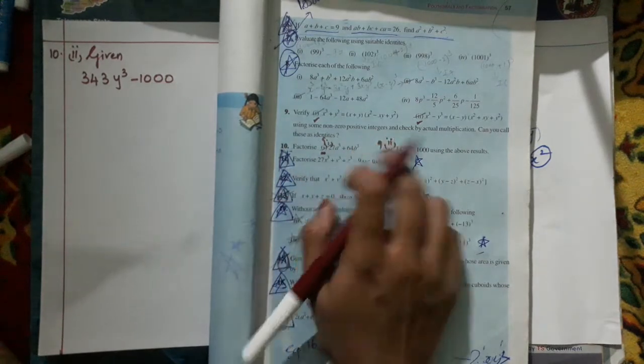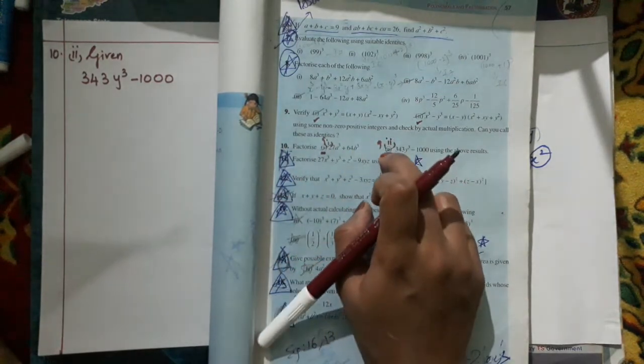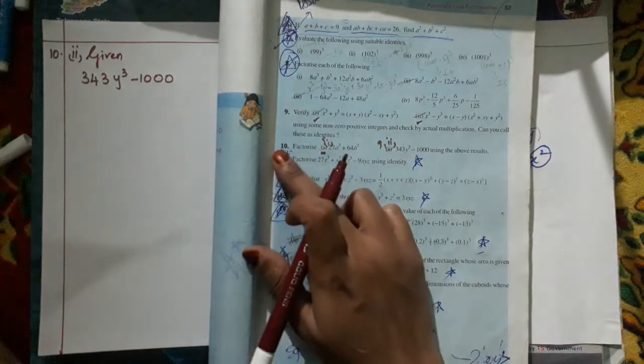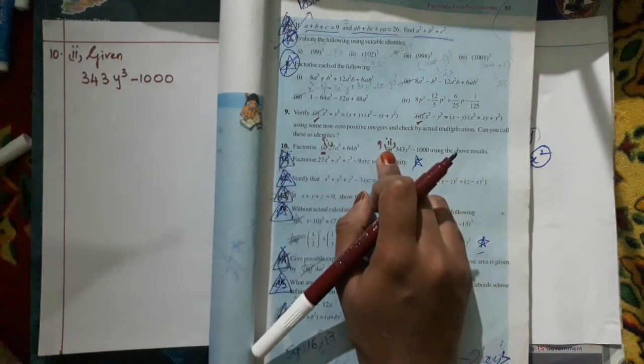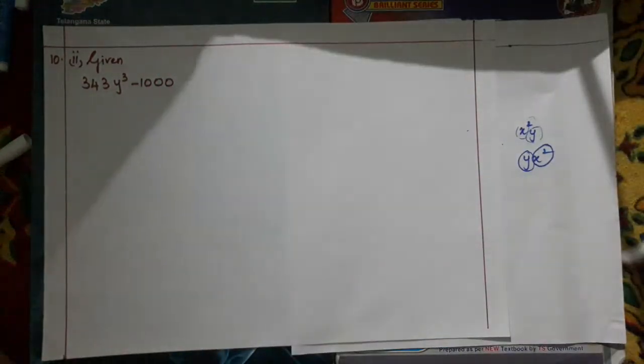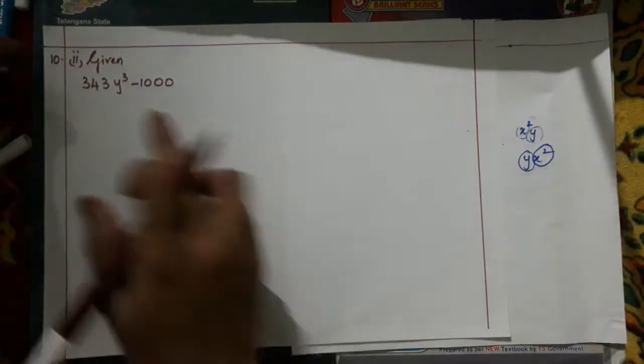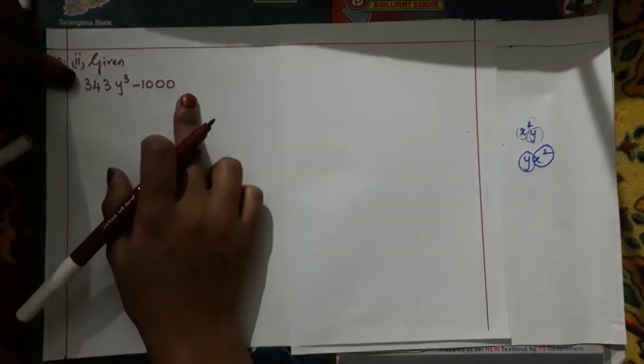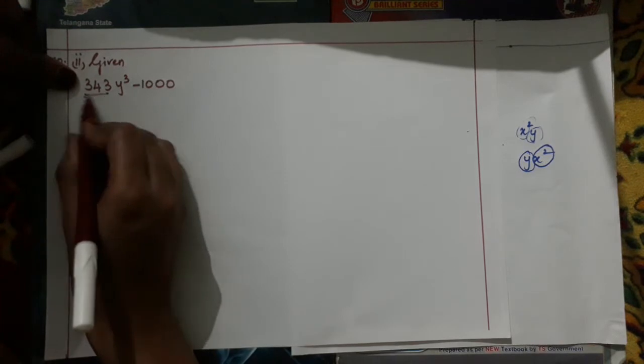Okay, now I'll be showing this 10th bit second sum. 343 y cube minus 1000. First we need to convert this 343 into cube.